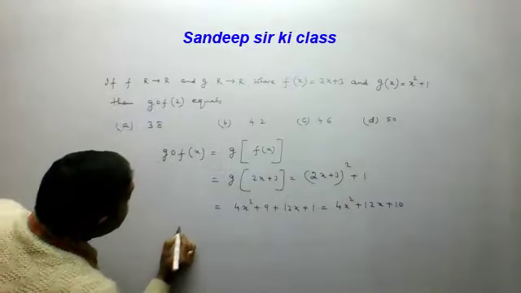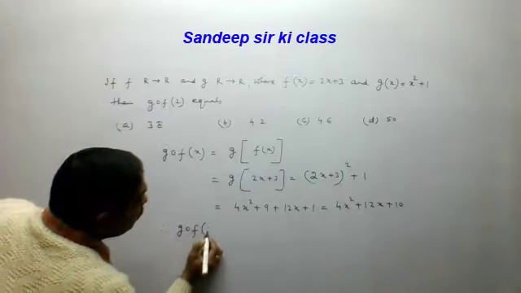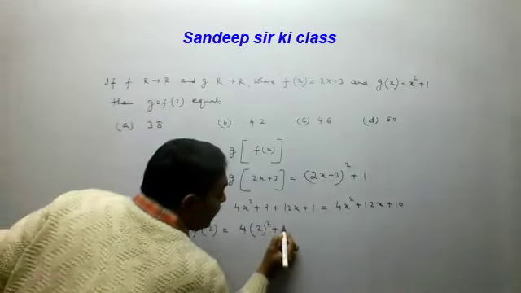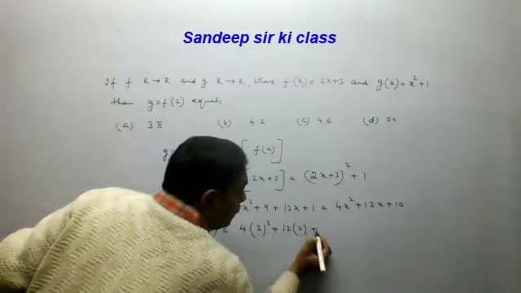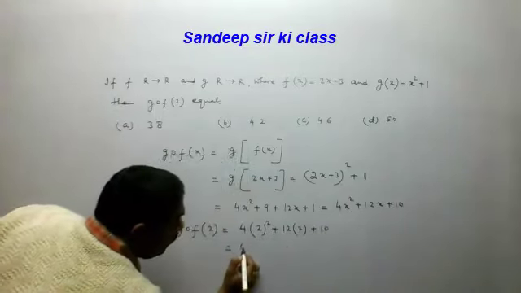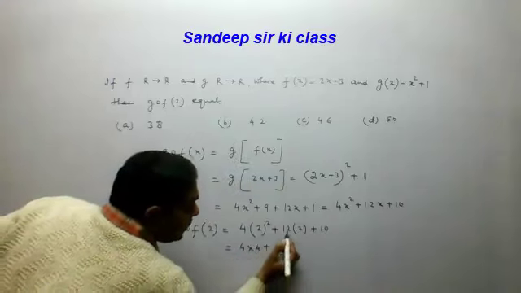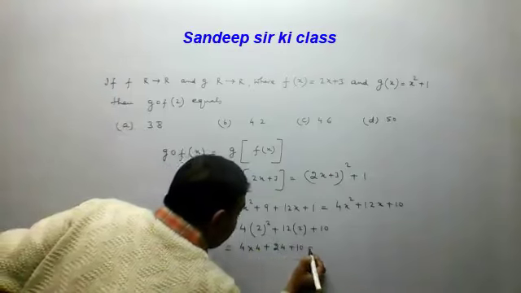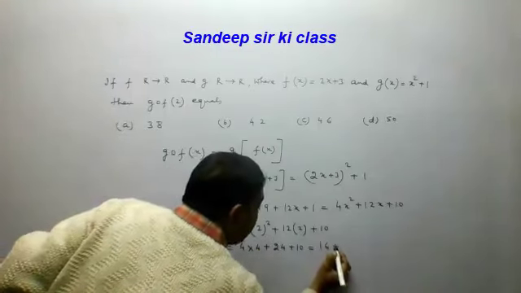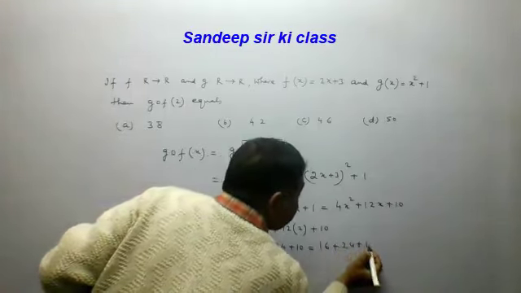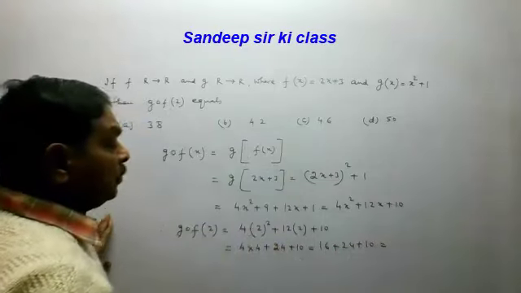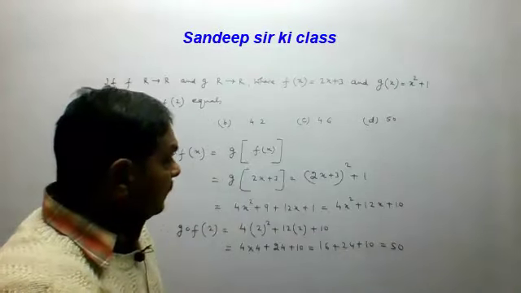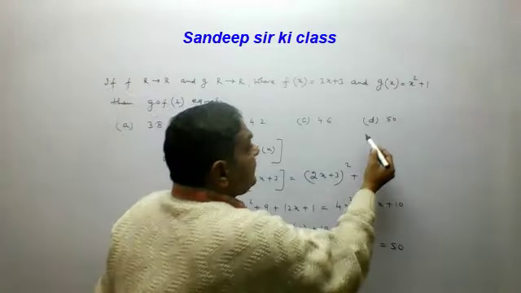So therefore gof of 2 will be equal to 4 into 2 square plus 12 into 2 plus 10. This is equal to 4 into 4 plus 12 into 2 is 24 plus 10, which means 16 plus 24 plus 10. This is equal to 50. So here the option D is the correct option.